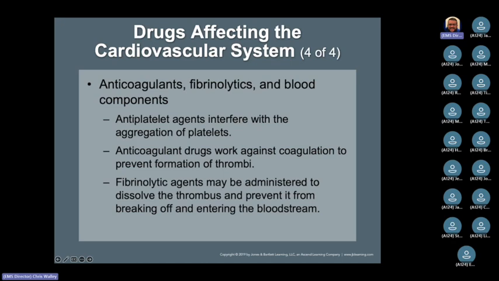Salicylic acid has significant antiplatelet properties. This is very, very important in our pre-hospital setting. Your anticoagulant drugs work against coagulating to prevent the formation of that thrombus, so we can keep them from stroking out on us. But you need to be aware of these anticoagulant uses, particularly in a cut or in a traumatic situation.